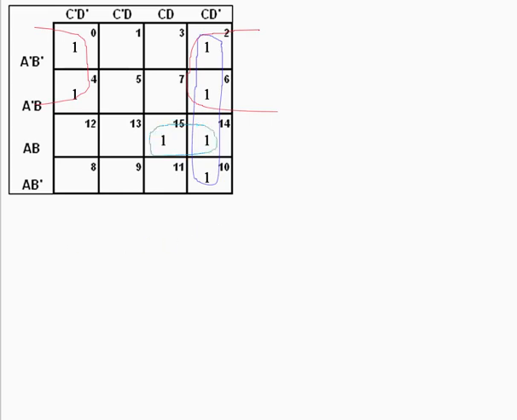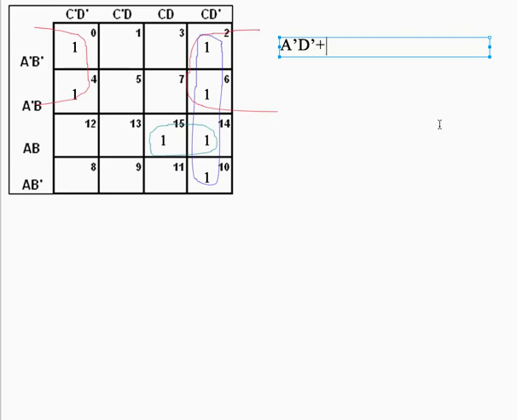All right, so now what do I have? Now the expression that I have is going to be, like I said in the very beginning, the red group is going to be A naught and D naught.